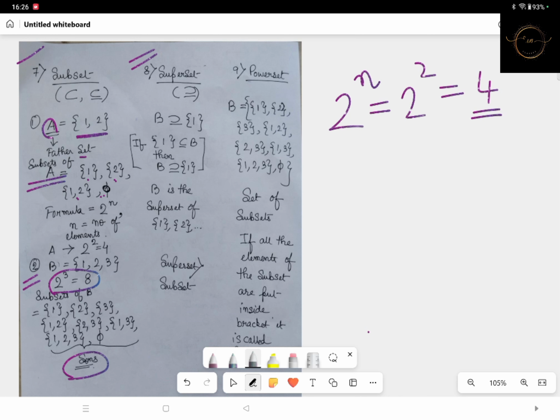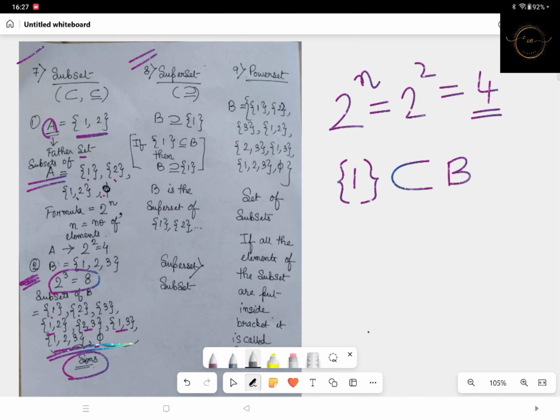Now look over here, from this respect of subset, if I am taking one element 1, then I can tell that 1 is a subset of B. From this example, I can tell that this first subset {1} can be individually called a subset of B, {2} can be called a subset of B, {3} can be called a subset of B, again {1, 2} subset of B, {2, 3} subset of B, {1, 3} subset of B, {1, 2, 3} subset of B, and the empty set will also be called a subset of B.